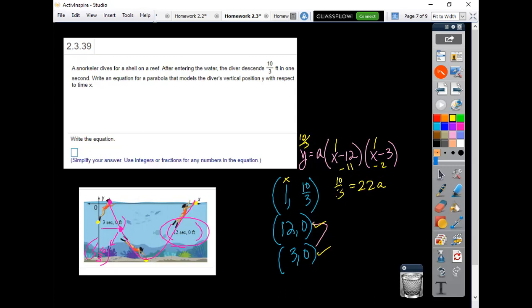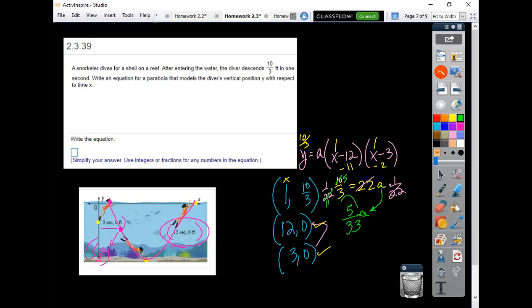Since I've got a fraction over there, instead of normally dividing by 22, I would be inclined to write it as multiplying by 1 over 22. Reduce maybe: 2 will divide into the 22 and the 10, giving 5 and 11. So I'm getting 5/33 for my a value.